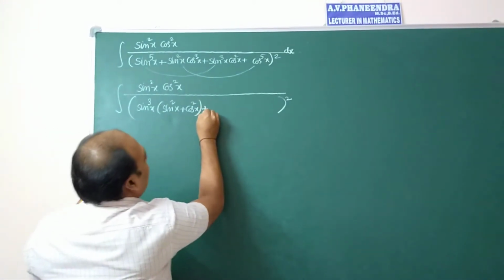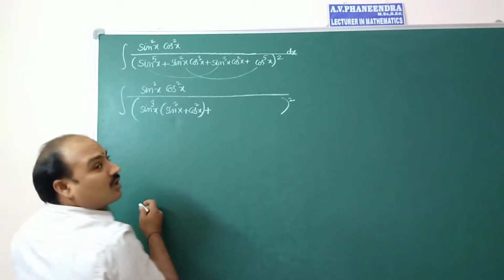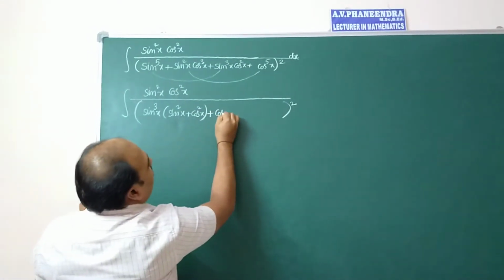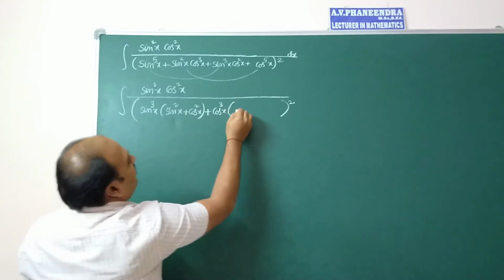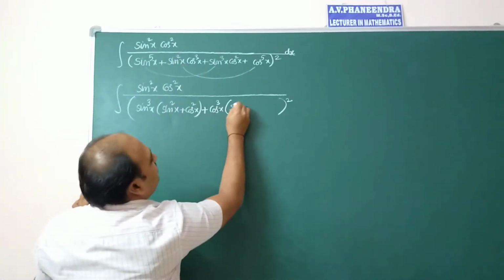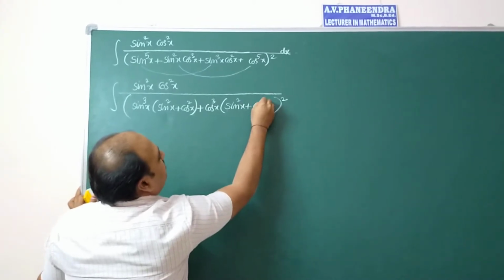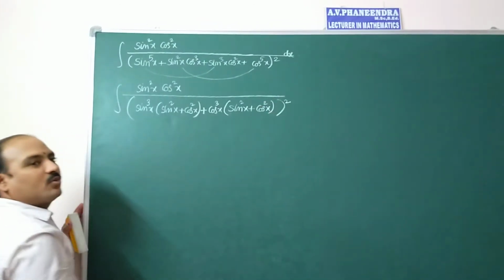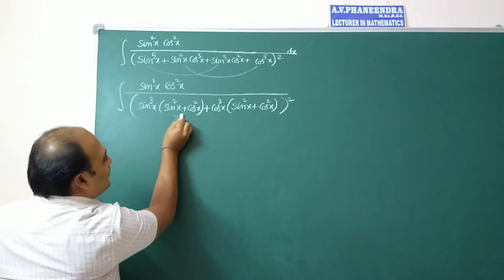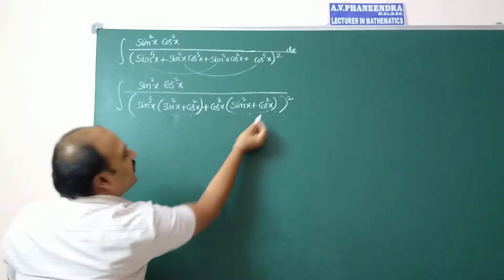plus from these two I am taking common cos cube x. If we take cos cube x as a common term, the rest of the term is sin square x plus cos square x, whole square. We know that sin square x plus cos square x is equal to 1.